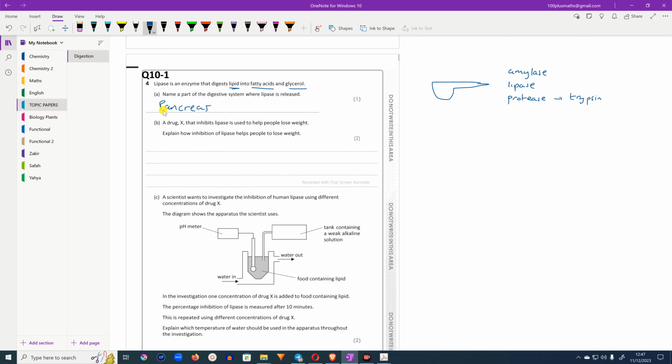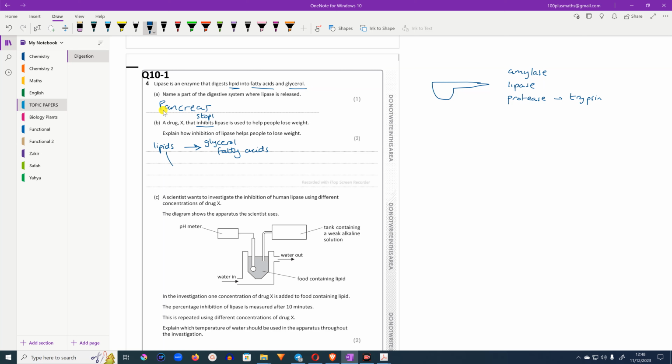Right, a drug X that inhibits means prevents or stops lipase. It is used to help people lose weight. So what would happen is, look, your body cannot absorb lipids directly. It has to break them down into glycerol and fatty acids.